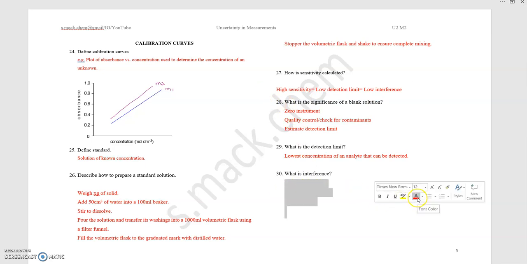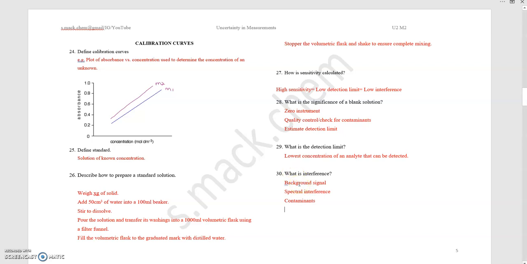And we're going to do so by just looking at what is considered to be interference in an experiment. So interference, as you would know, in most of your experiments you have done, it's usually the presence of some sort of contaminants, whether it's in the solvent, the reagent, the glassware being used.